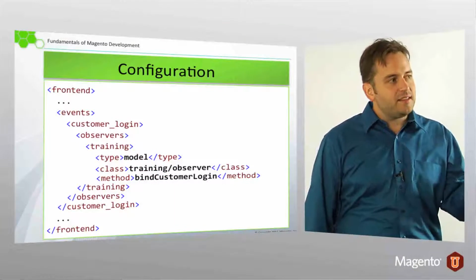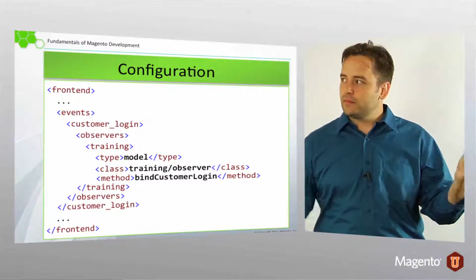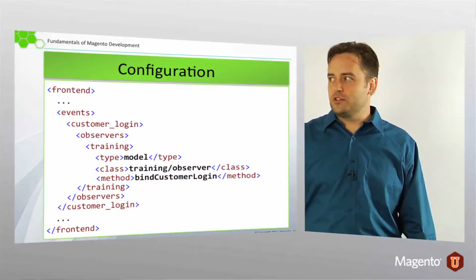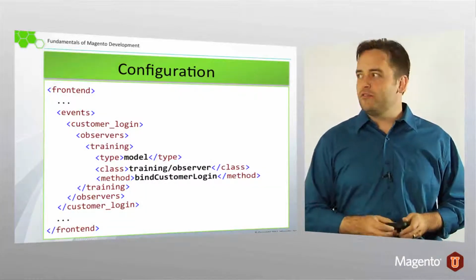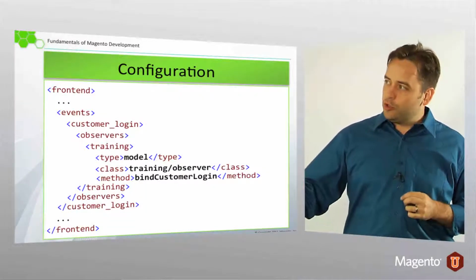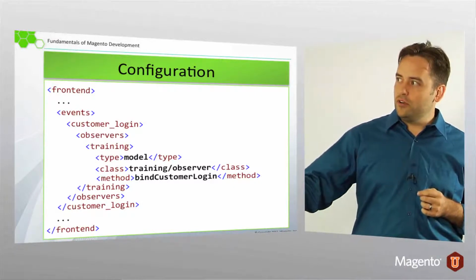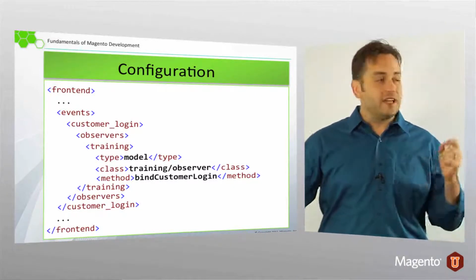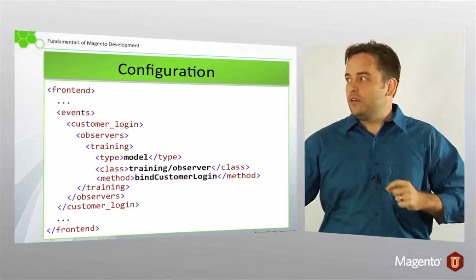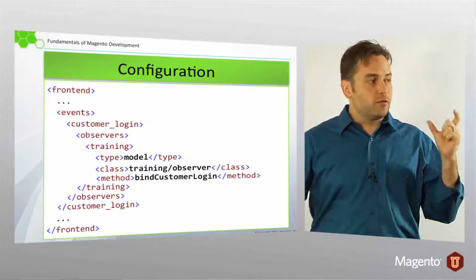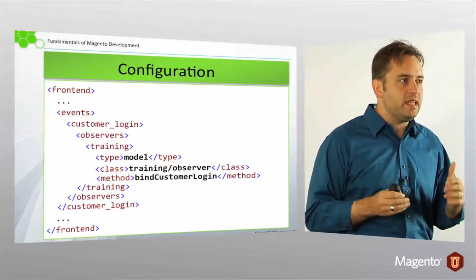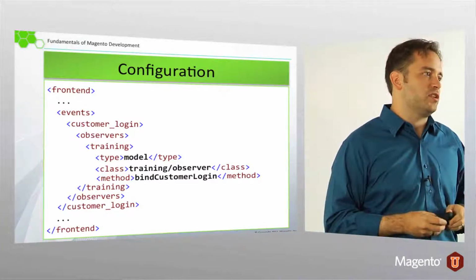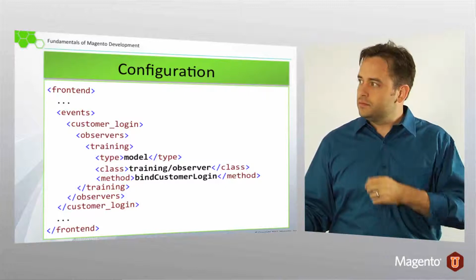And then inside that node, we have an observers node. So basically, you could consider that every event fired in the system could be specified as a node under events, and then inside each of those nodes, you would have an observers node. The reason we have the plural here is because there could be many different observers attached to any given event.